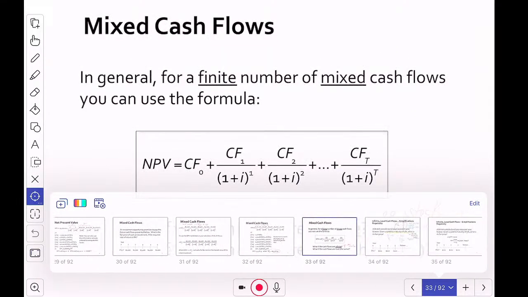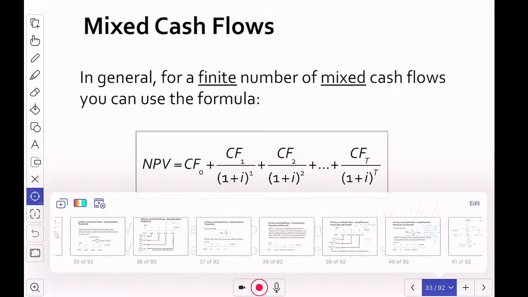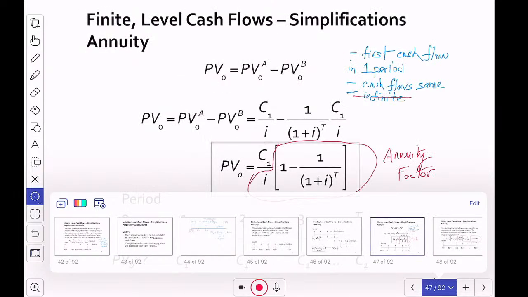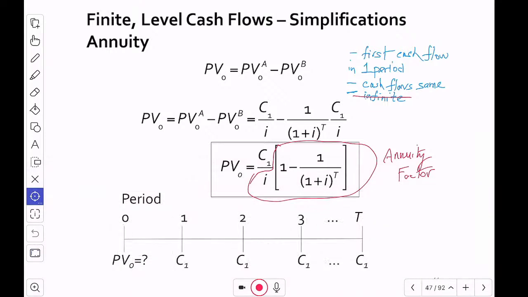All right, so annuities, that's perpetuity. Remember this. When I first introduced annuities, first cash flow must be in one period. The cash flows must be the same. And they're not infinite, but finite, right? There's a finite number of cash flows.